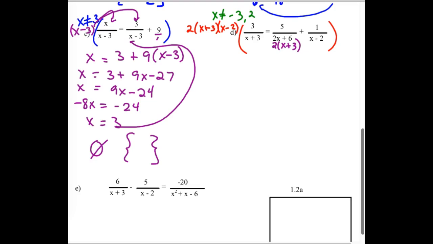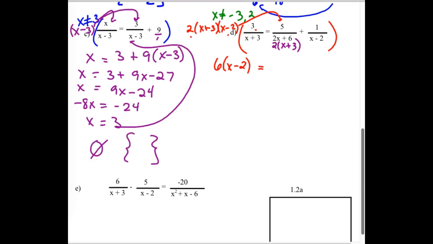When I distribute to the first fraction, this 3 over x plus 3, what drops out? The x plus 3's. That means I am left with a 2, an x minus 2, and a 3 that have to be multiplied together. I'm going to put the 2 and 3 together just as a 6, and I'm saying that 6 has to get multiplied to that x minus 2. We'll clean that up in a minute. When I distribute to the second fraction, the 2 and the x plus 3 both drop out.